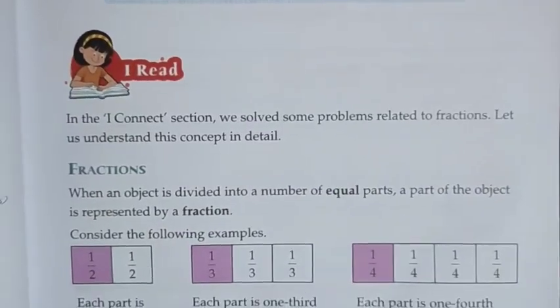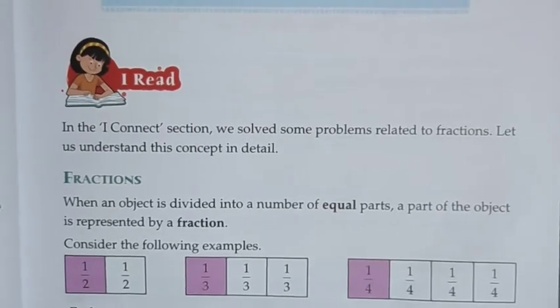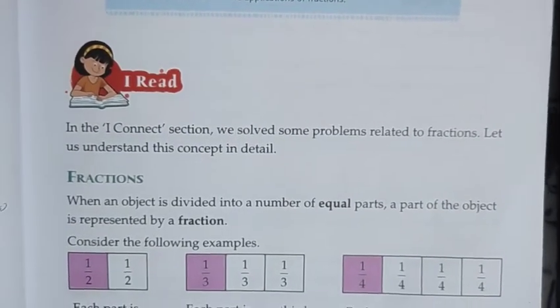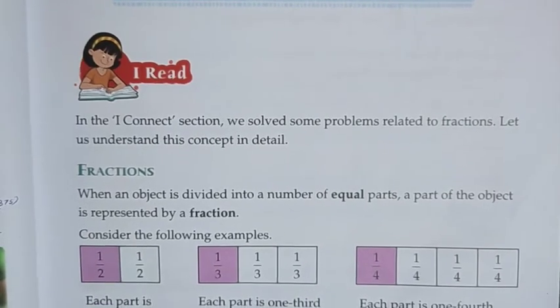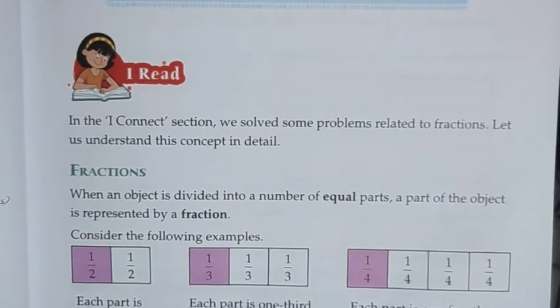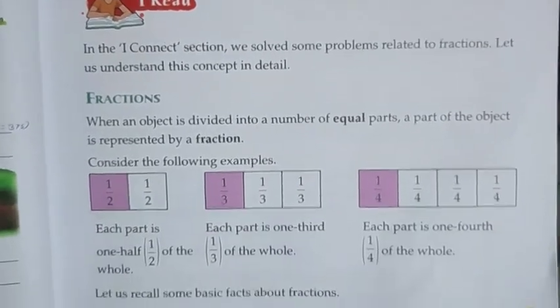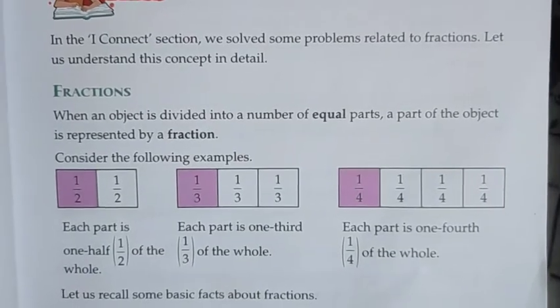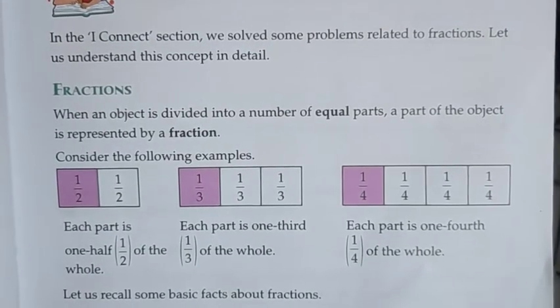Students, see page number 71. I read. In the iConnect section, we solved some problems related to fractions. Let us understand this concept in detail. When an object is divided into a number of equal parts, a part of the object is represented by a fraction.